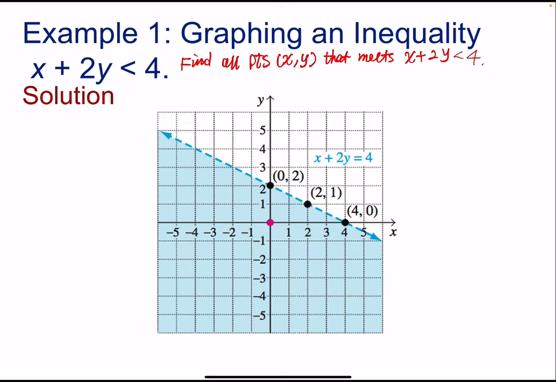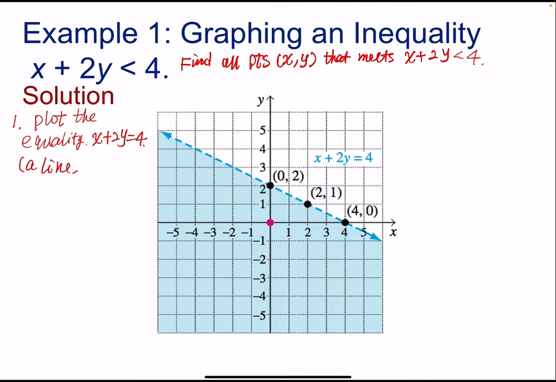Here are the steps. First, you plot the equality. You can just replace the inequality symbol by an equal symbol. You will obtain x plus 2y equal to 4, which is a line.